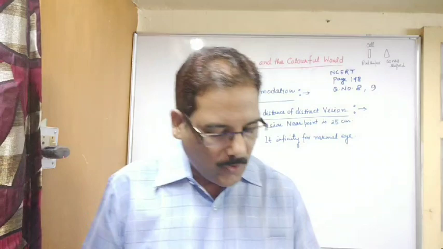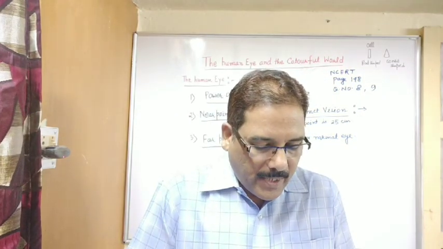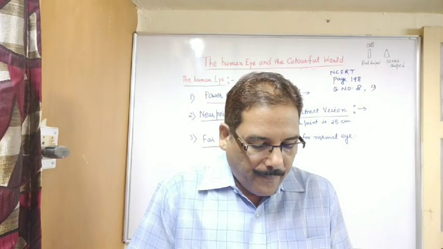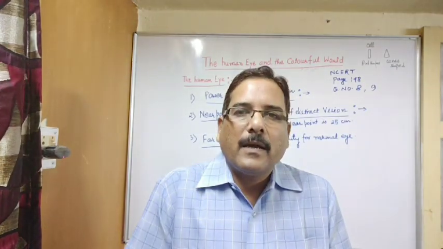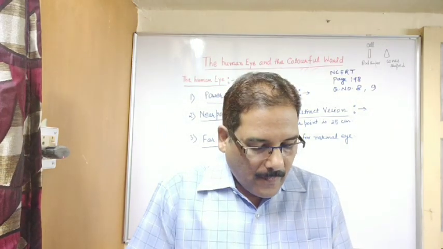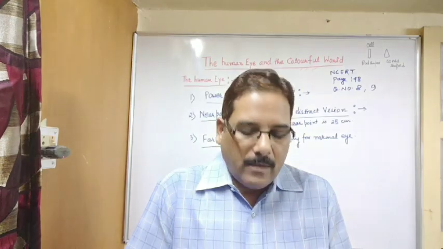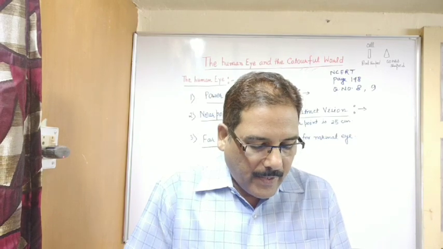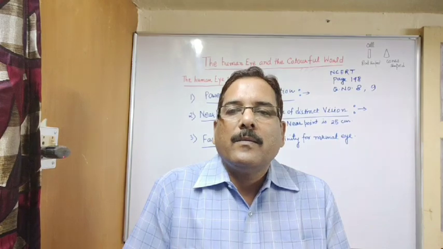Now question number 2: the human eye forms the image of an object at its: cornea, iris, pupil and retina. So the fourth option is correct, that is retina. Now the third question: the least distance of distinct vision for a young adult with normal vision is about 25 meter, 2.5 centimeter, 25 centimeter, and 2.5 meter.